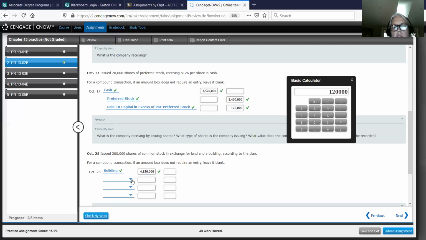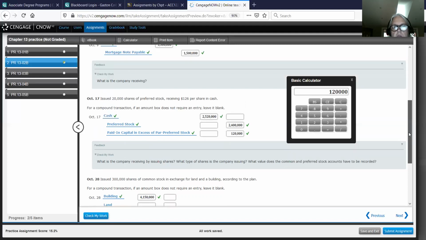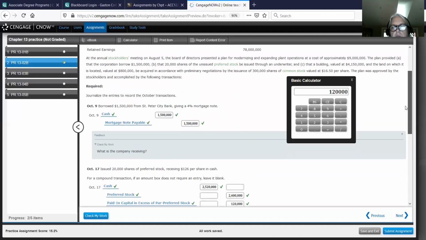We also had land that was given to this corporation in exchange for some stock. So our company's land is going to be recorded at the fair market value of the land, and the fair market value of that land was $800,000.